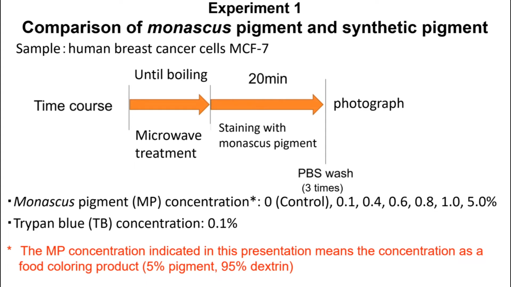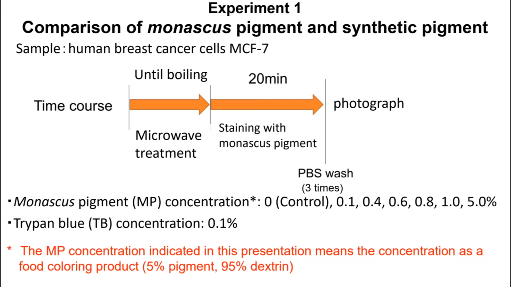After discarding the medium, dead cells were treated with these monascus pigment concentrations, or 0.1% trypan blue, for 20 minutes, and then washed with PBS. Cells treated with no pigment were used as the control. Cells on the bottom of the dish were observed and photographed with a bright field microscope.